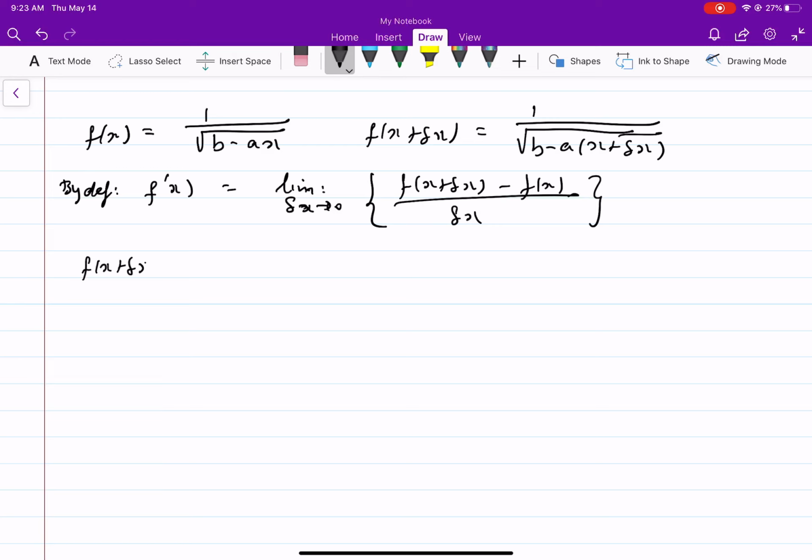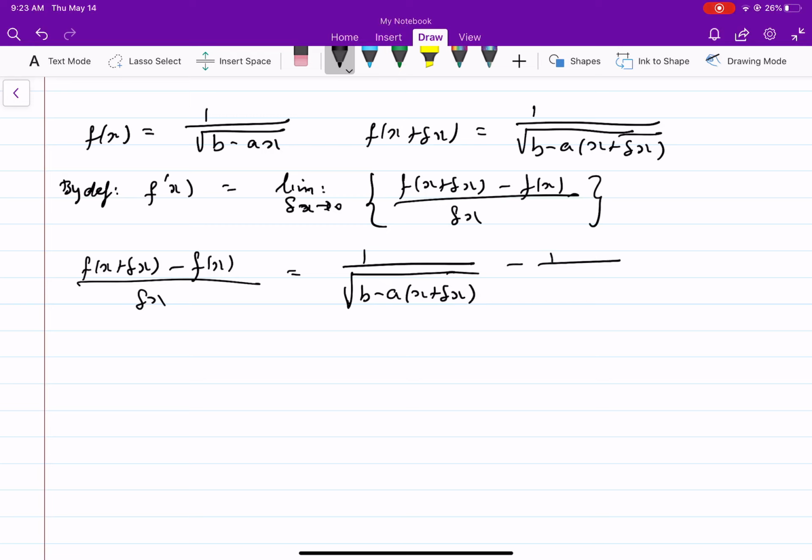f of x plus delta x minus f of x all upon delta x is equal to 1 upon the root of b minus a into x plus delta x, minus f of x, which would be 1 upon the root of b minus ax, and all of that is divided by delta x.